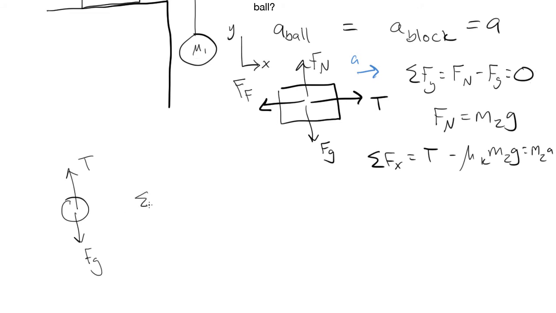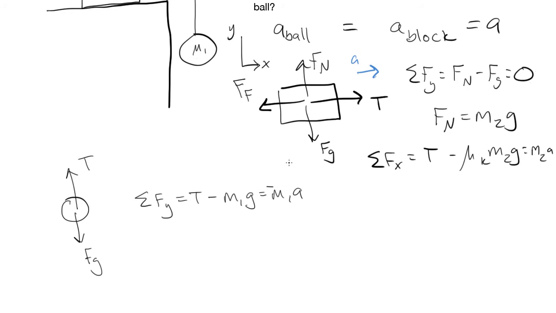So if I sum the forces in the y direction, I see that tension minus mass 1 times gravity is equal to mass 1 times acceleration. And then I stick the negative sign in front because I've already decided that this guy is going to the right, which means that guy must be going down.